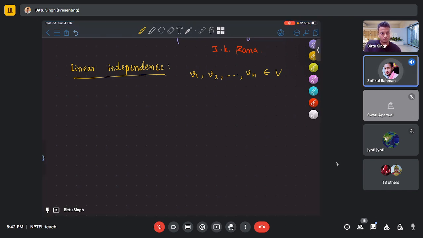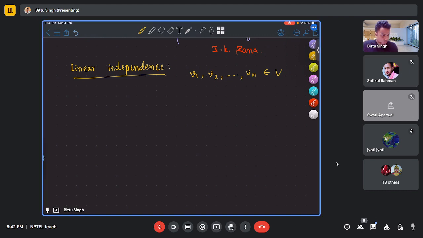If their linear combination is 0, this will imply all scalars are 0. The ci belong to the scalars, those are from the field. So this is the definition of linearly independent, and then we'll say v1 up to vn are linearly independent.